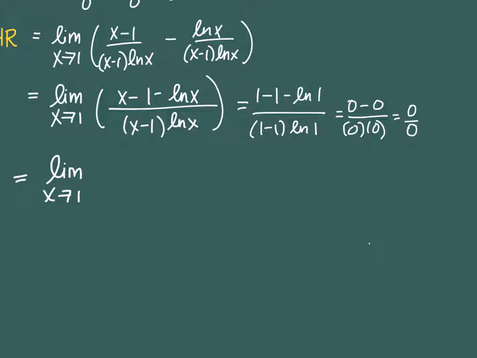We got to take the derivative of the numerator and the derivative of the denominator. Can you do the derivative of the numerator for me? Yeah, 1 minus 1 over x. Okay, how am I going to do the denominator? Yep, you want to do it? Okay.